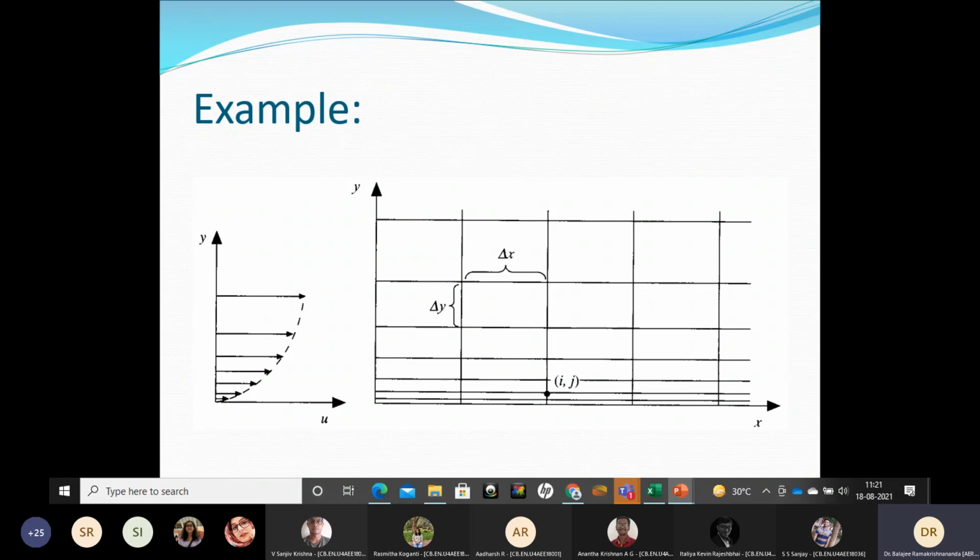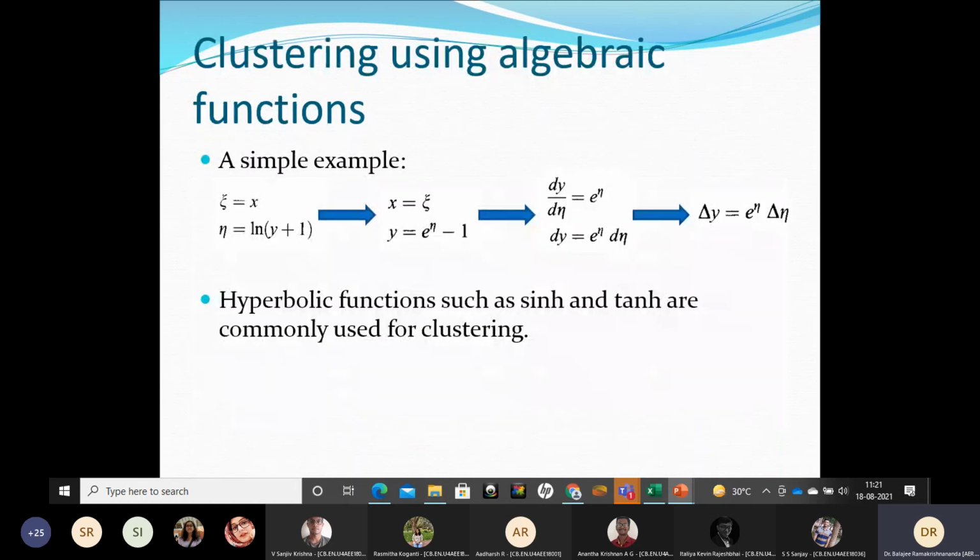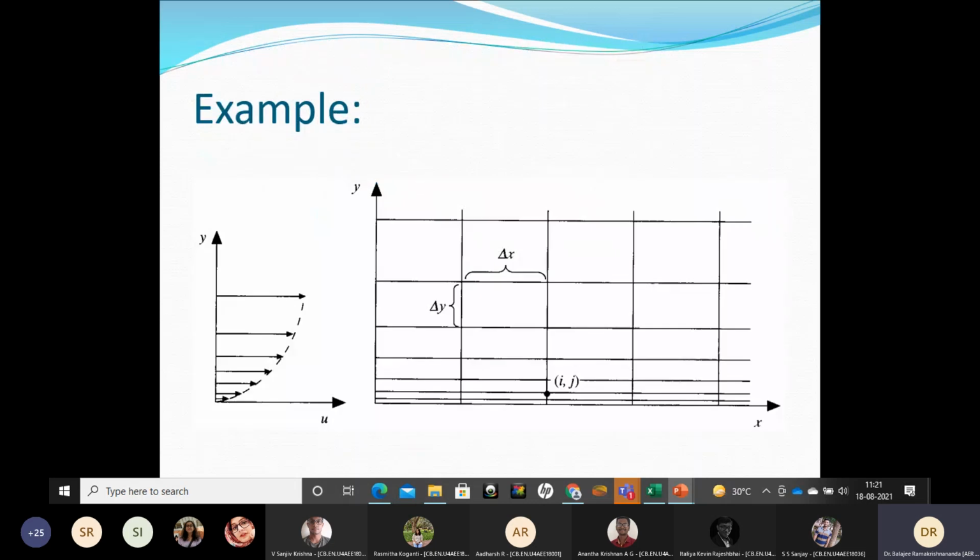So you see the gap increases when you move away from the wall in y. Eta is equal to 0, 1, 2, 3, 4, 5, 6, 7 here, whereas y is not in the same ratio. It is e squared, e cube, e power 4. This is one example of clustering.